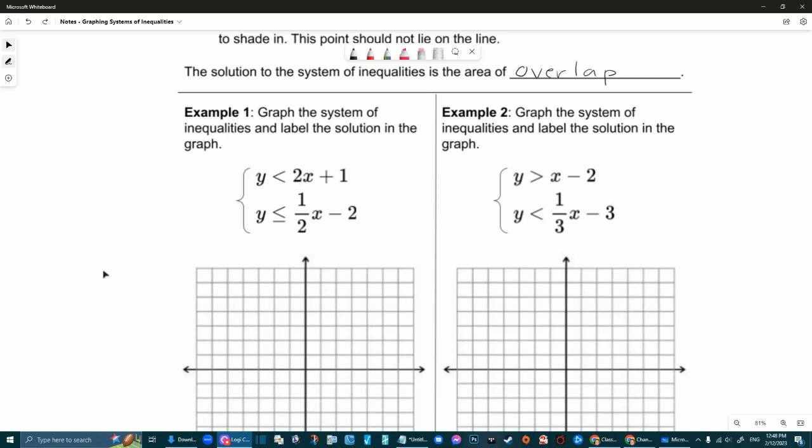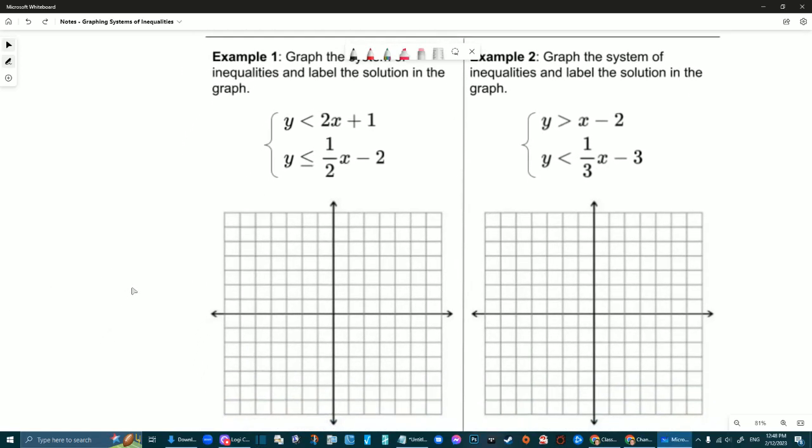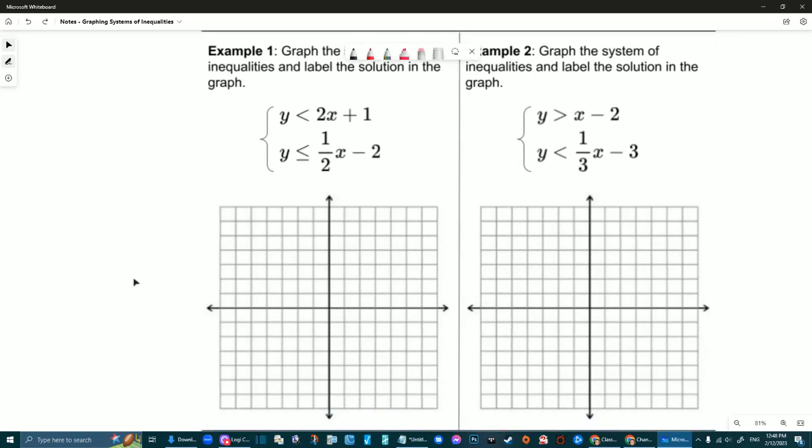So there are a few things that I want to do here for this first example. I'm going to start by labeling my graph. We know that we want our grid labeled since they were nice enough to provide it for us. So y, x, I want to indicate that I'm counting by ones.